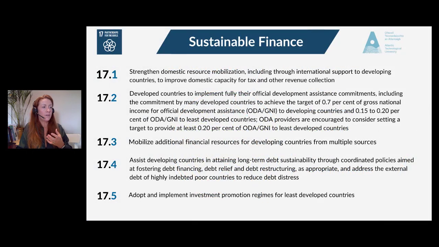So the first clustering of the indicators is finance, and it is 5 indicators aligned to the theme of finance, 17.1 through to 17.5. Again, I won't go through them, but let's talk a little bit about finance as a theme in itself.